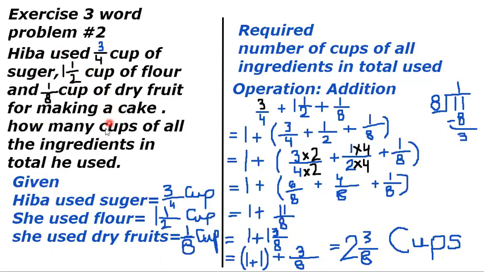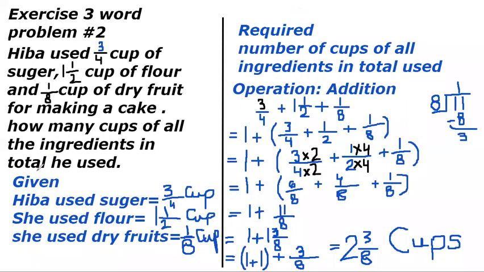And mostly from inside the question, there is a clue word which helps us decide which operation we have to use. In this word problem, the clue word is total. Total means addition.